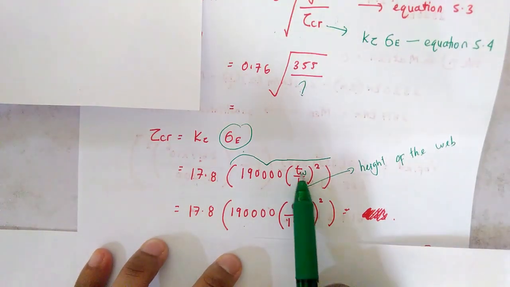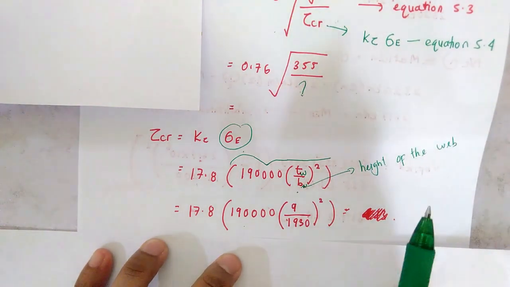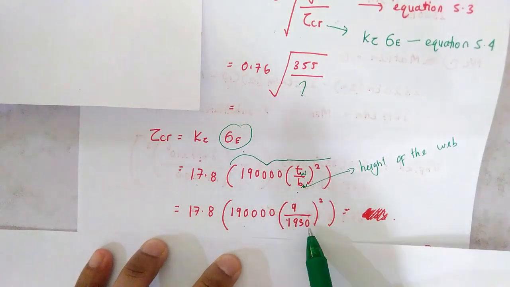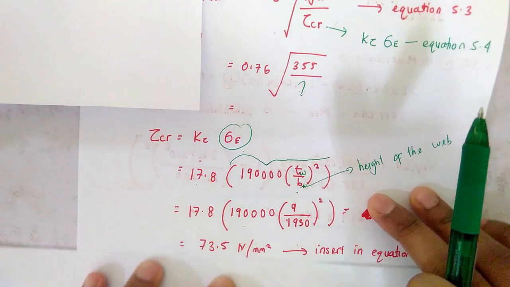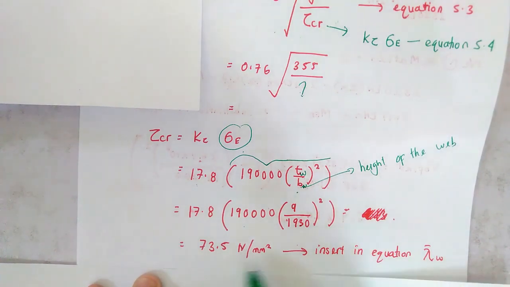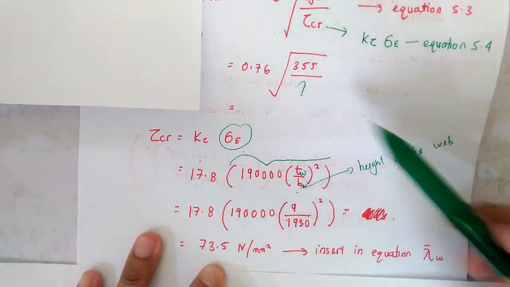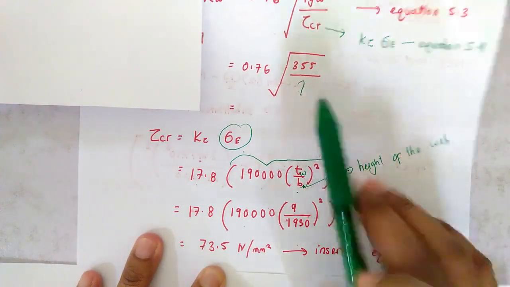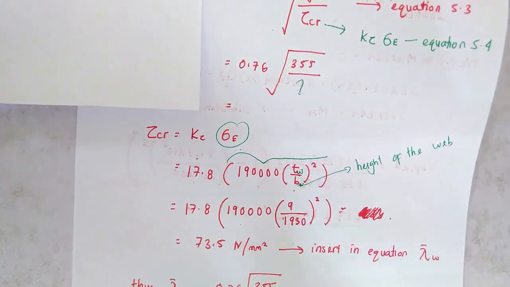You insert these into the equation. Finally, you will get 73.5 Newton per millimeter squared. You can insert this value back into the lambda equation and you will get 1.67.